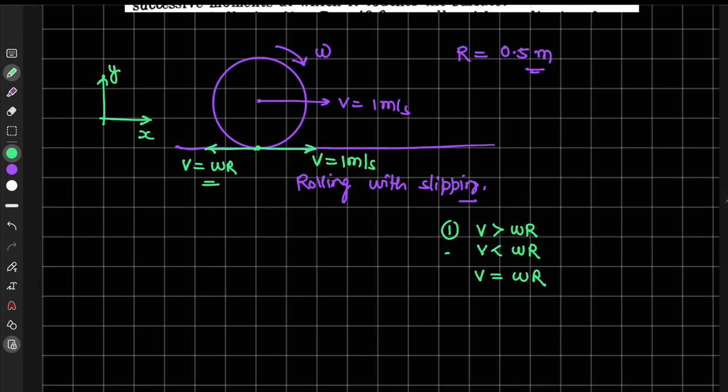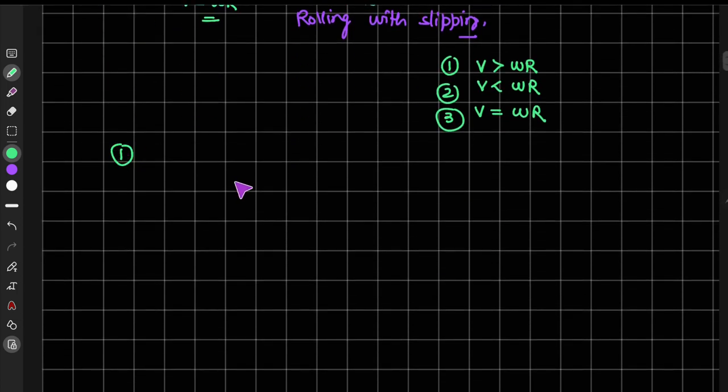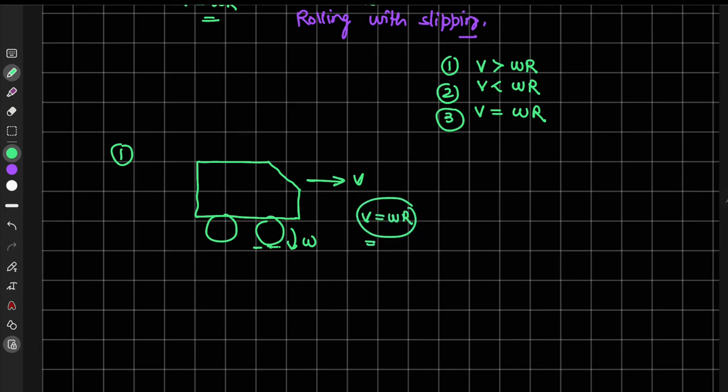Now let us first talk about the first condition. Let us say we have a car which is moving with velocity v, and the wheel is also rotating with omega. In this case, at the bottommost point, initially we have velocity equal to omega r. Now at some time t you apply the brake.